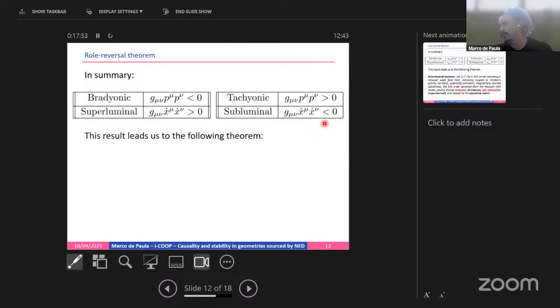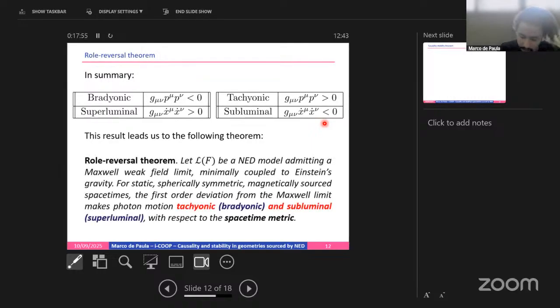So these results lead us to the following theorem that we have called the role reversal theorem. Let L(F) be an NED model admitting a Maxwell weak field limit, minimally coupled to Einstein's gravity. For static and spherically symmetric, magnetically charged spacetimes, the first order deviation from the Maxwell limit makes photon motion tachyonic and subluminal, or baryonic and superluminal with respect to the spacetime metric.